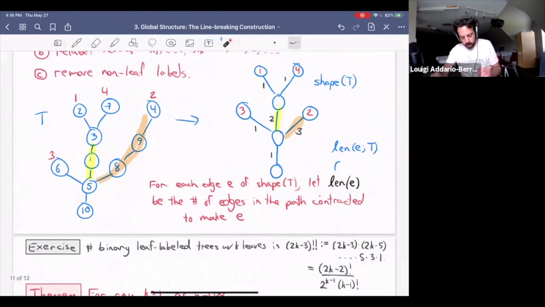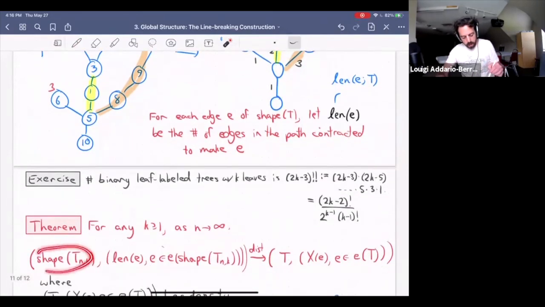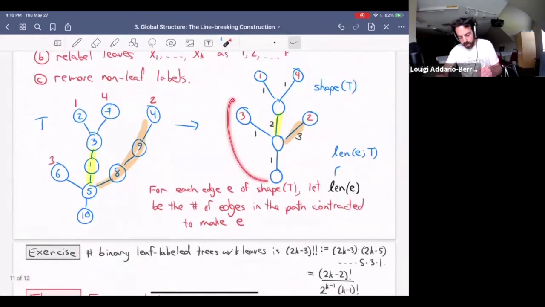So if you imagine that this is the random tree and we were interested in k equals 4, then the shape would be this leaf labeled tree here, and the edge lengths would be this vector of edge lengths here in some canonical order.